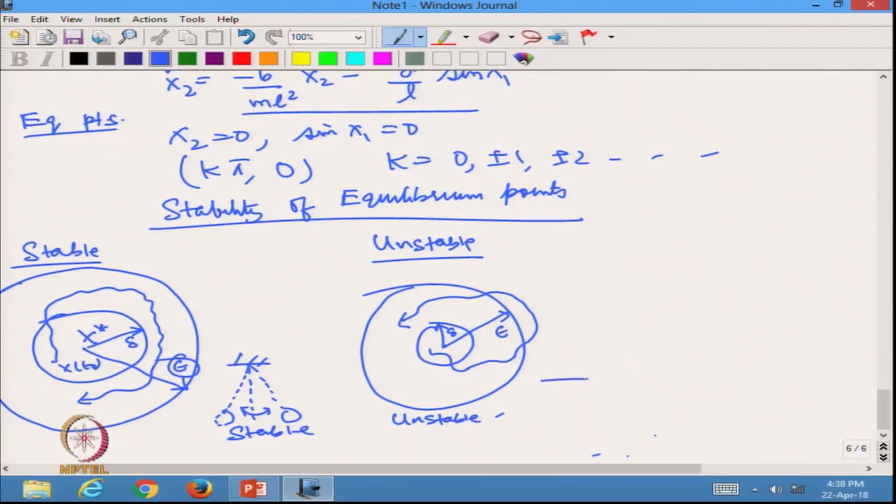And to illustrate this, we could consider the pendulum again, and look at the vertically upward position of the pendulum. If we start sufficiently close to it, we would not be able to keep close to the equilibrium point, no matter how close we start from it. So, this is an example which illustrates the unstable behavior of the equilibrium point.